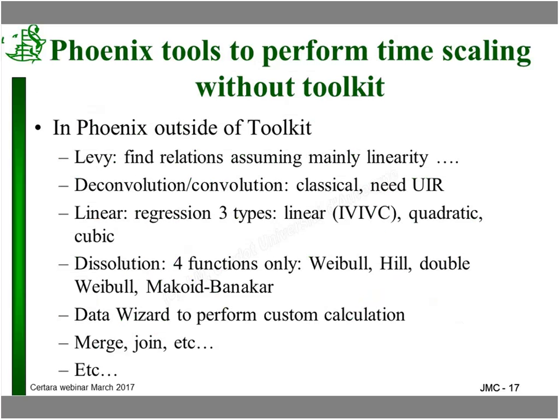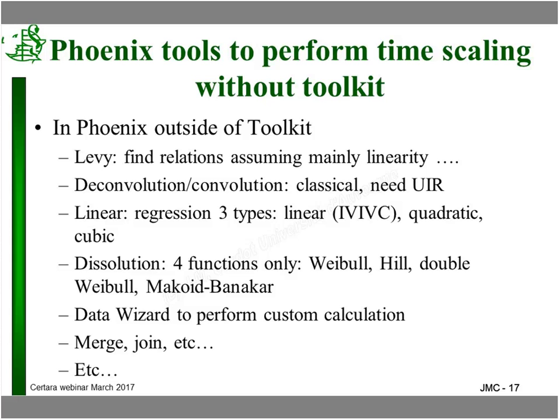So how can I use Phoenix to do it? In Phoenix, outside of the IVIVC toolkit, I have Levy modules, I have deconvolution and convolution modules, classical, but I need them. I have linear regression with 3 types: linear, which I am going to use for the IVIVC, quadratic and cubic.